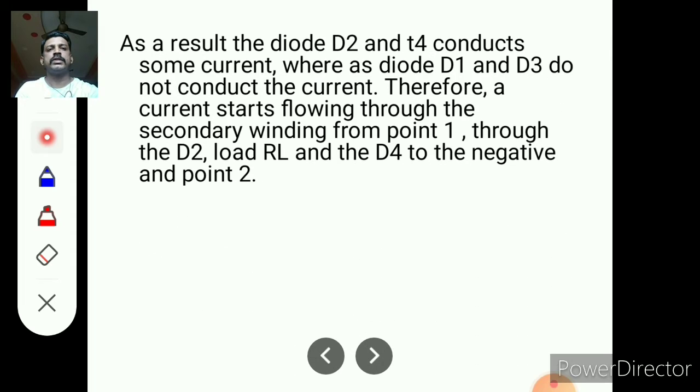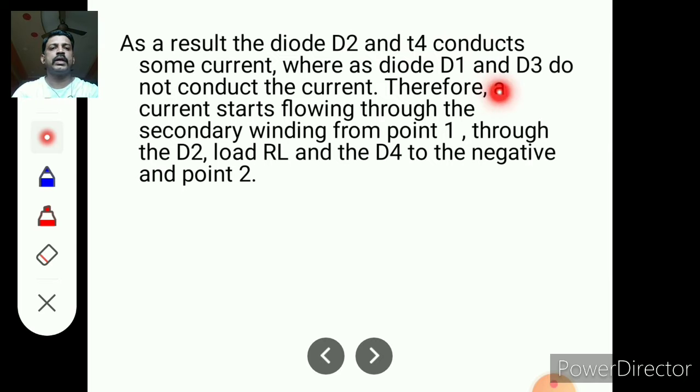As a result, diodes D2 and D4 conduct current, whereas diodes D1 and D3 do not conduct current. Why? Because diodes D1 and D3 are in reverse bias, while diodes D2 and D4 are in forward bias. Therefore current will flow through them.